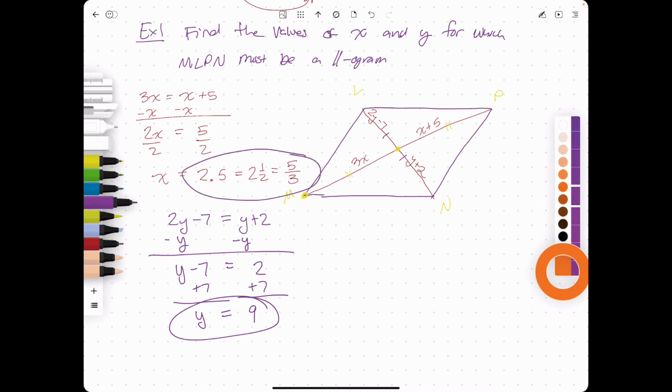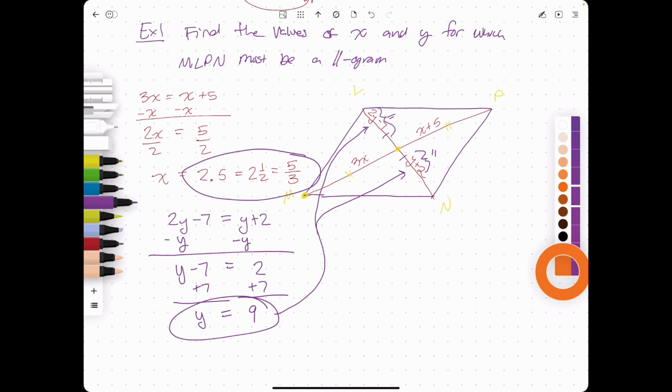How can I check these? See what they end up equaling. I can put this 9 in for y plus 2. What's 9 plus 2? 11. So you might be asked what that measurement is. So this is 11. And then what's 2 times 9? 18. 18 minus 7 is 11, right?